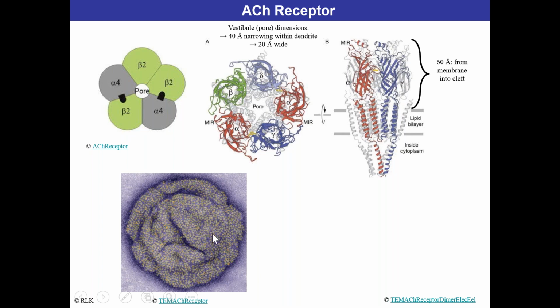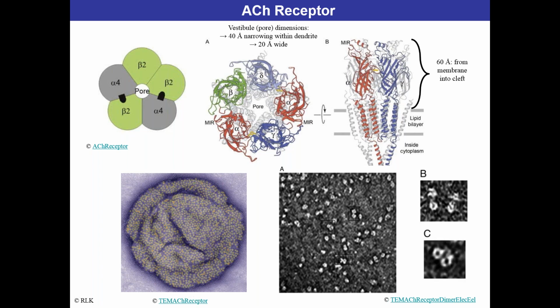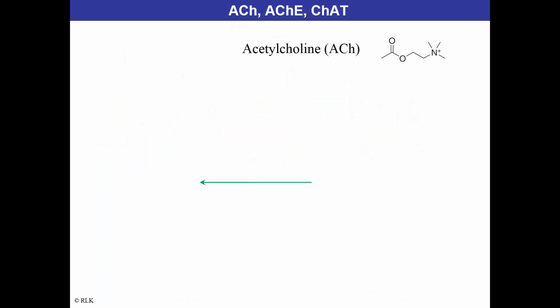You can see how this TEM image definitely helps to resolve some of the overall receptor shape, but it can't get to the degree of 20 angstroms at this point. But here is another way of showing that, closing in on it, and that is all you need to know about that. It's kind of interesting, and obviously you can look at it a little bit more if you're curious. But let's continue on.